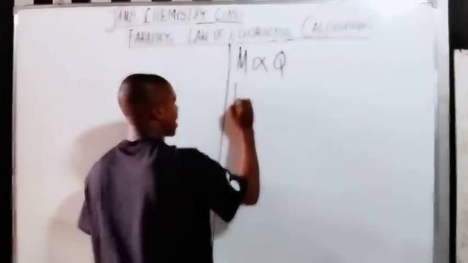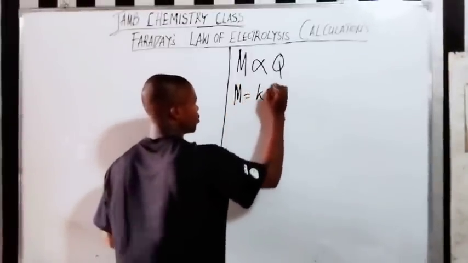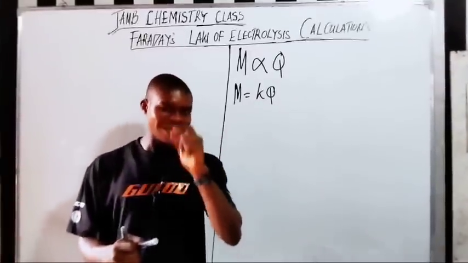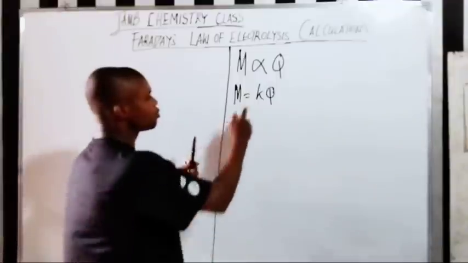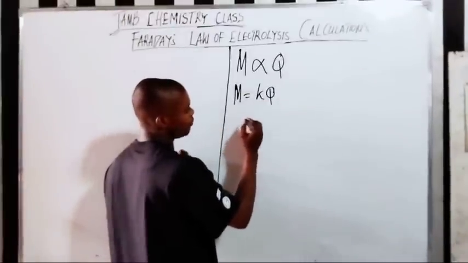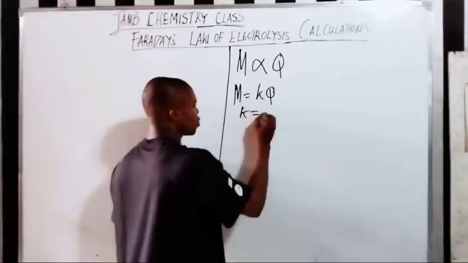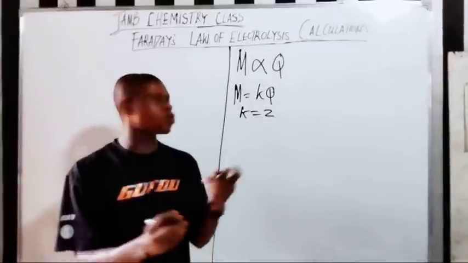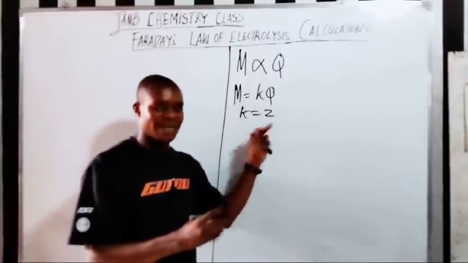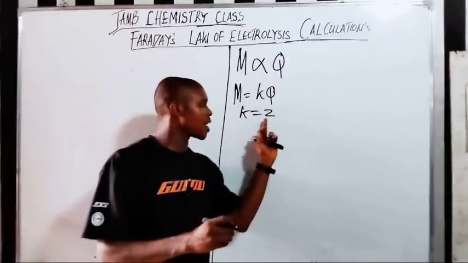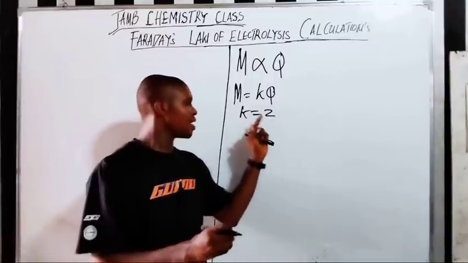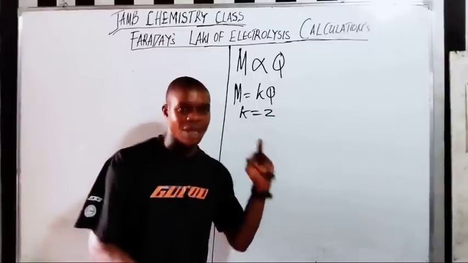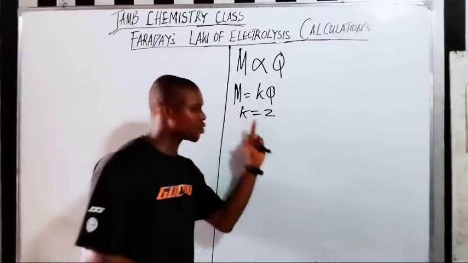So M equals K Q. And this K is the chemical equivalent, which is changed to Z. So K is equal to Z. When you're solving Faraday's law of electrolysis, you don't actually use K, you use Z. Z means electrochemical equivalent.